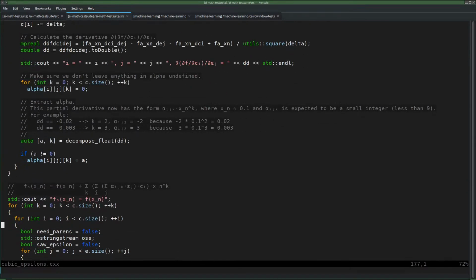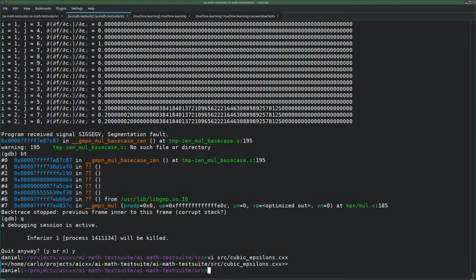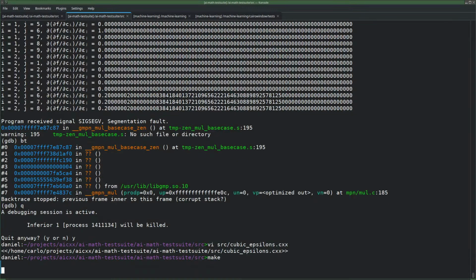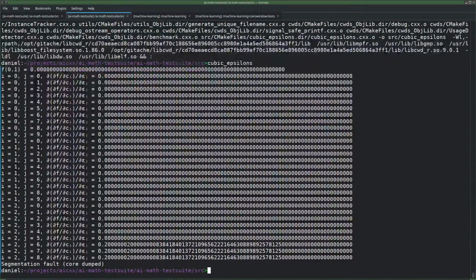And then the most logical thing is that this k here, it doesn't really work.